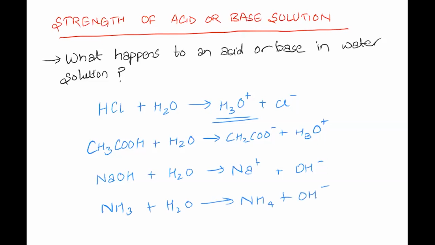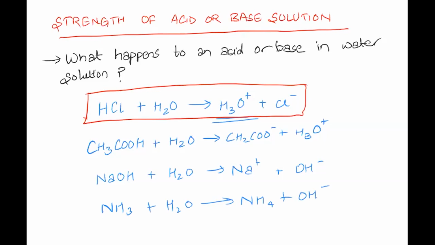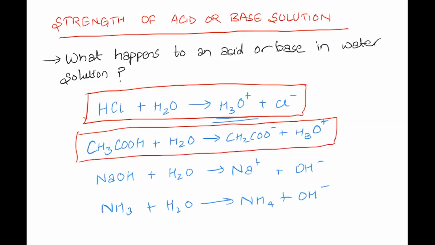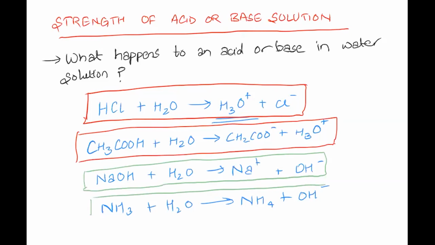So you should keep in mind these are the four reactions that I have given you, where the upper two are for acids and these two in the green box are bases.